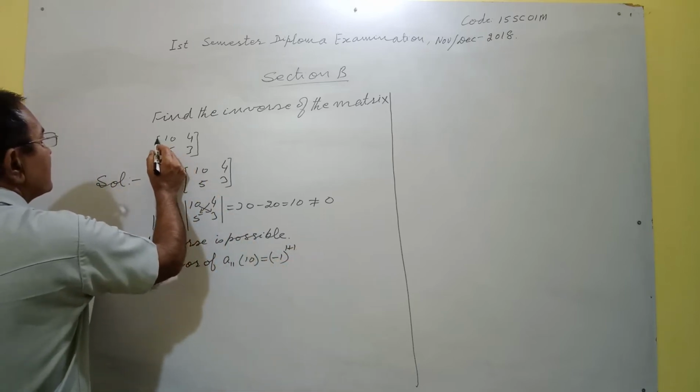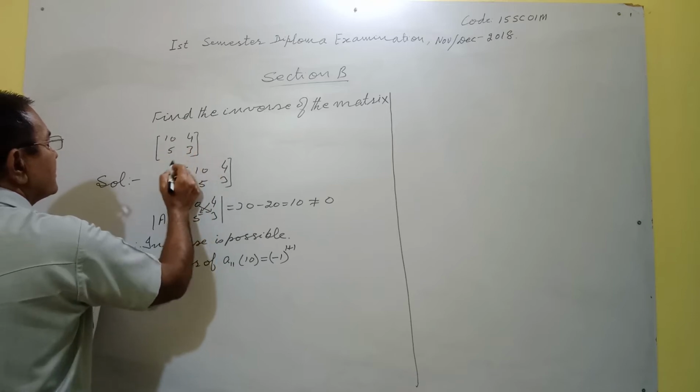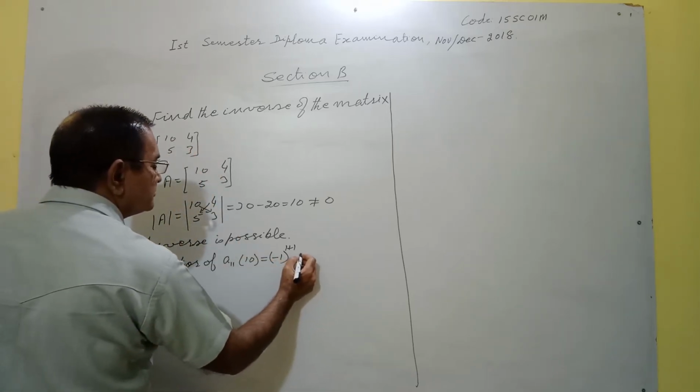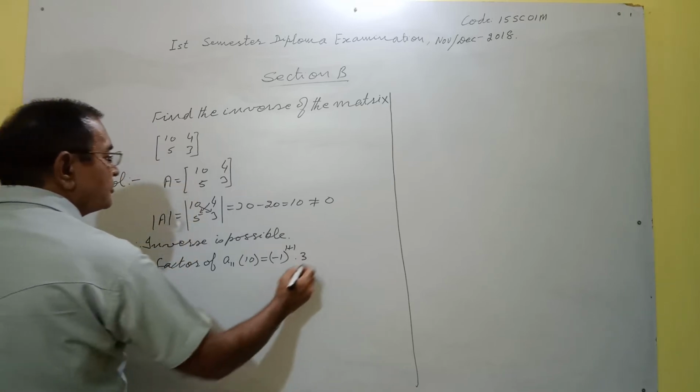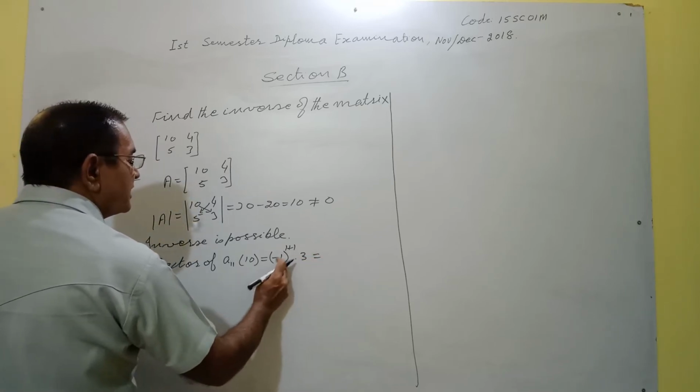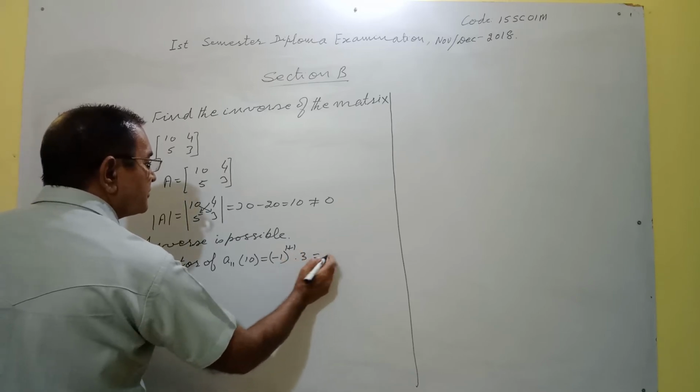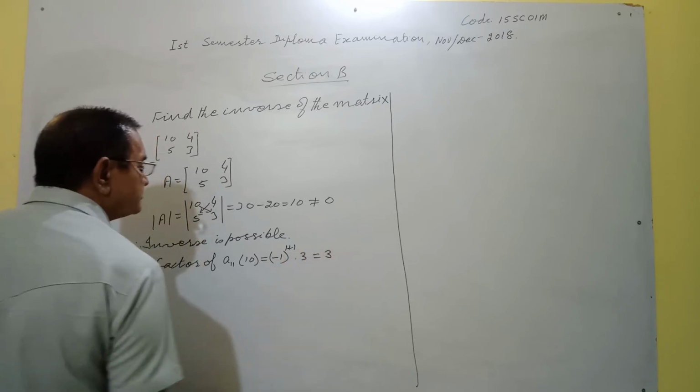Then cut the row, cut the column, we will get 3. So minus 1 power 2 into 3, which is 3.